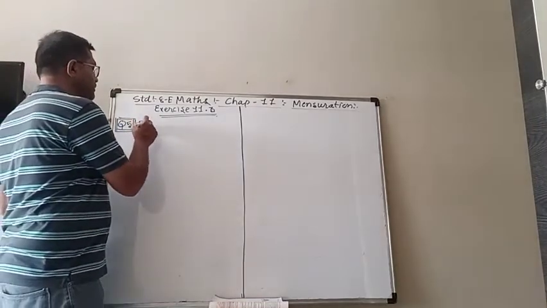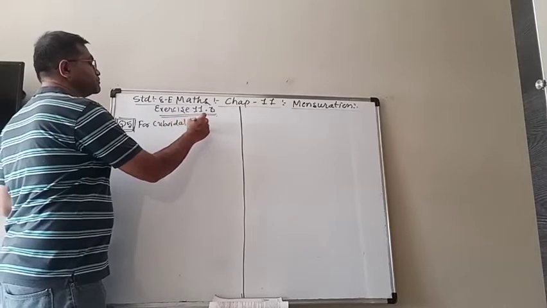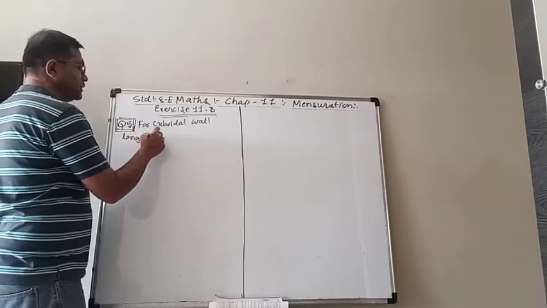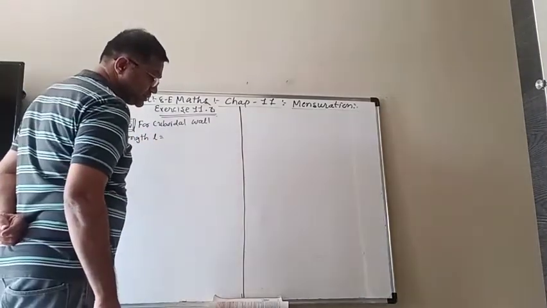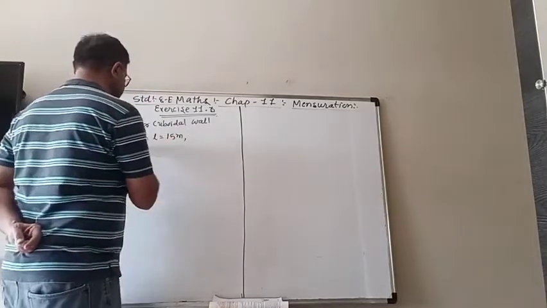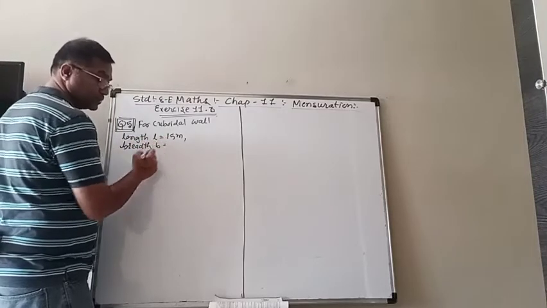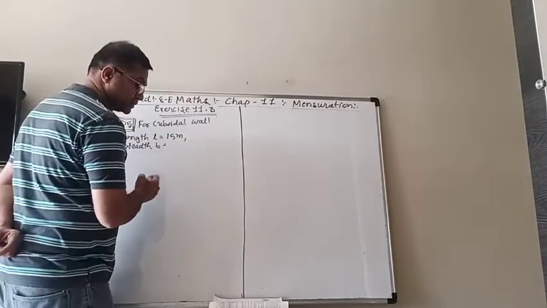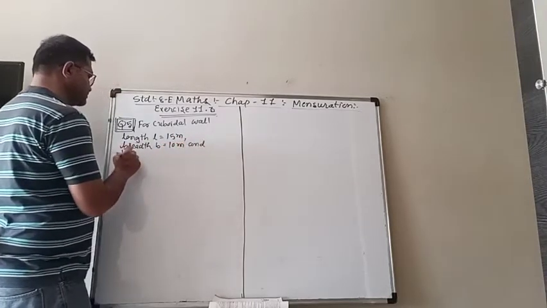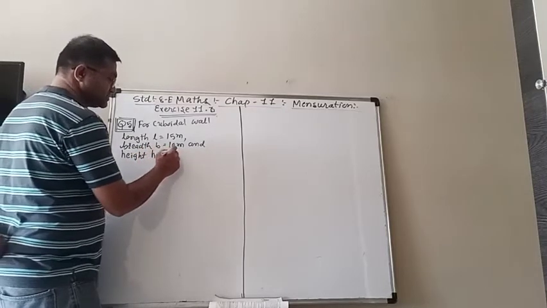So for the cuboidal hall, the length L is given as 15 meter, breadth B is given as 10 meter and height H is given as 7 meter.